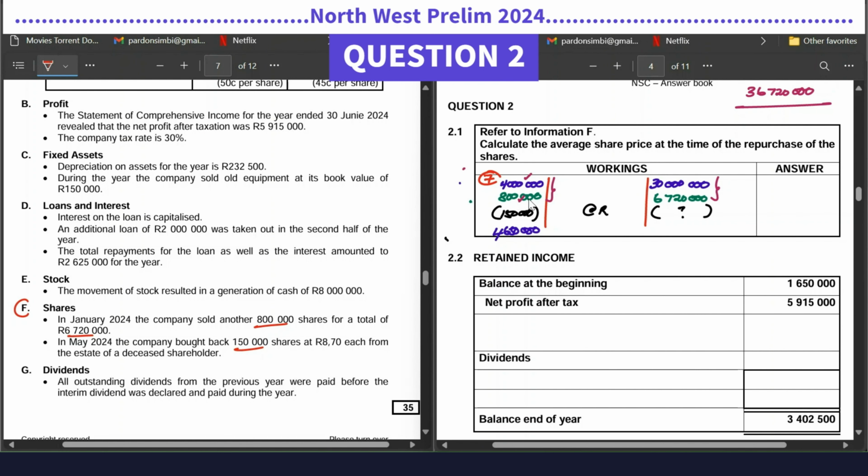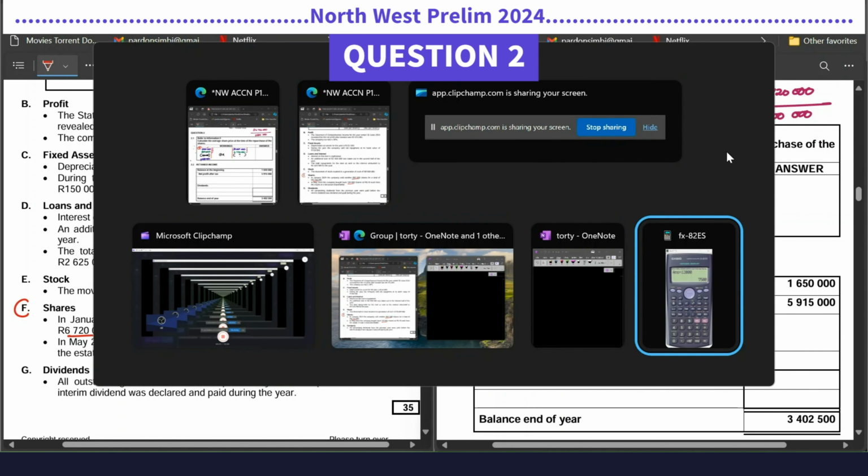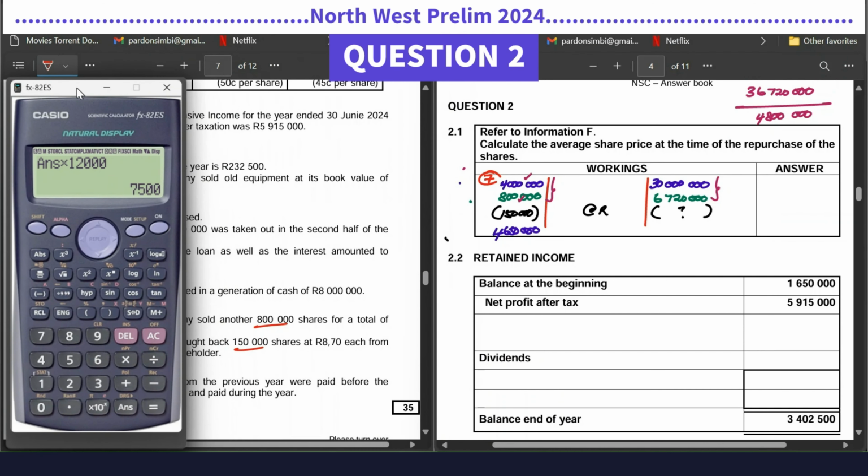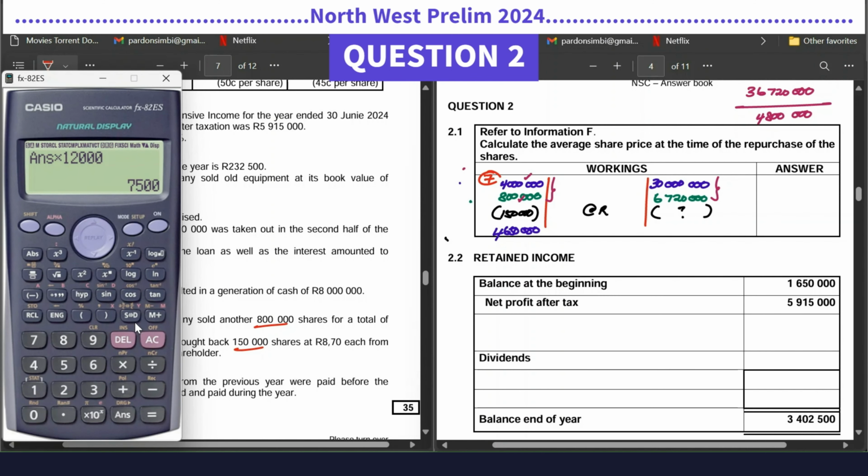Like that. Okay, so I then come here. So I'll then say here, it is going to be my 36,720,000. Then I divide that by my 4.8 million.